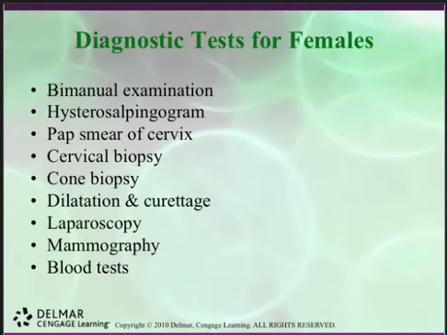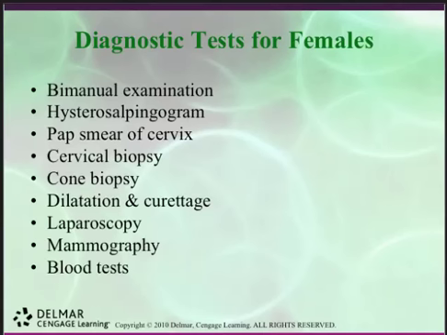Now, for those of you who may not know, some of these are procedures that I'm sure you've heard of before, but bimanual exam may be a new term for a lot of you. This is a pelvic exam where we do a physical exam of the female pelvic regions using palpation. It can be divided into an external and an internal examination.